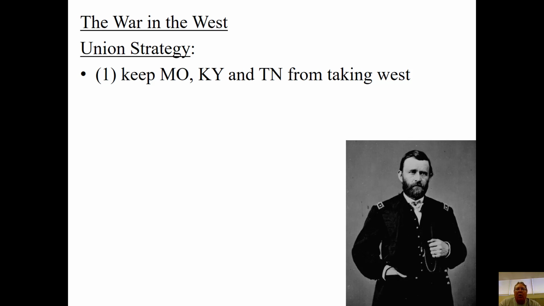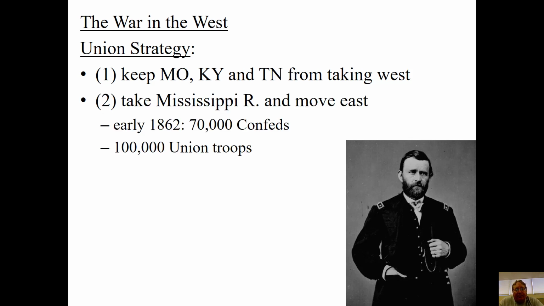In places like Illinois, Indiana, and Missouri, you see armies of 10, 50, even 100,000 in size being raised by the North. It is staggering just how many people the North brings into the military. At times forced to use a draft to do it, but they're able to bring a huge number of forces to bear on the South.